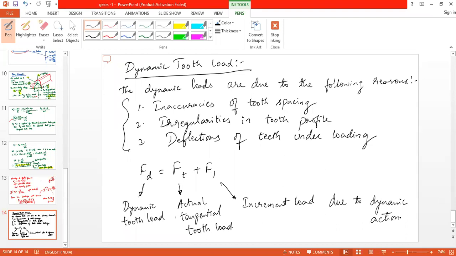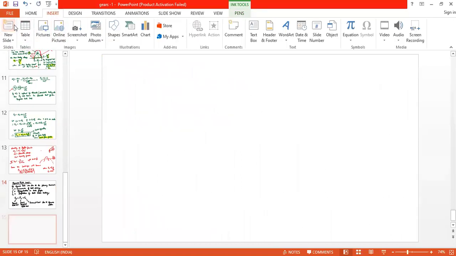Yes, sir. We need to take the actual tangential tooth load, and the increment load due to dynamic loading, and we have an equation for that F1.